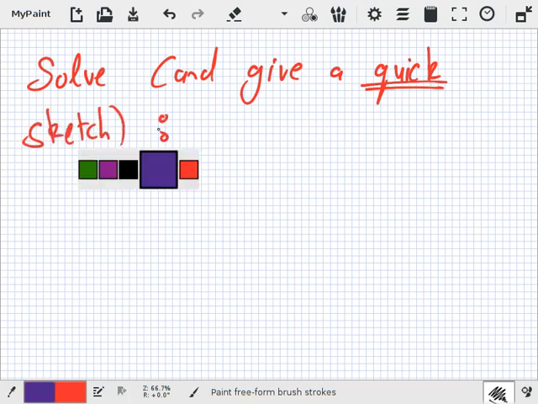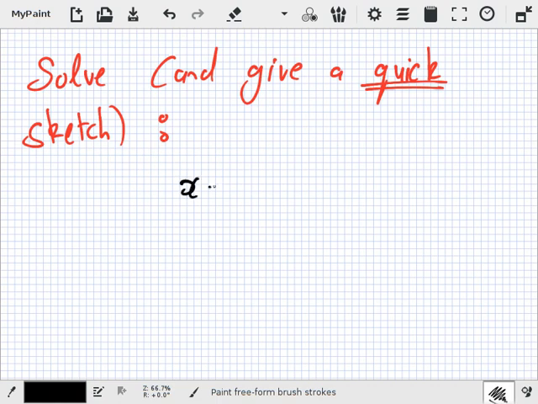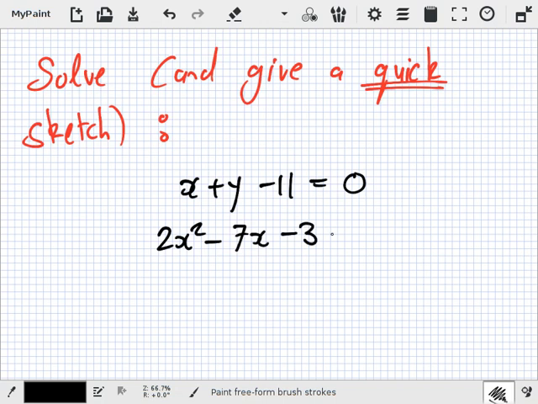Okay, so the equation I shall give you is x plus y minus 11 equals 0, and then 2x squared minus 7x minus 3 plus y equals 0. I want you to try and solve this.